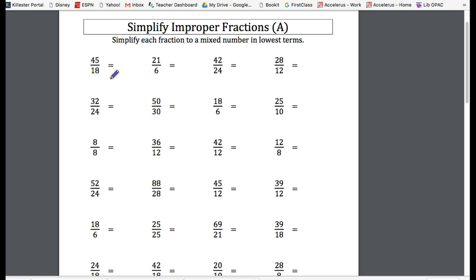I think it just depends on the number. If I'm working with a number that might be easier to simplify, I would simplify it first and then find out how many wholes I have, but either way is fine. So I'm going to show you first of all simplifying and then turning it into a mixed number fraction, because I think that might be the easiest way to go about it.